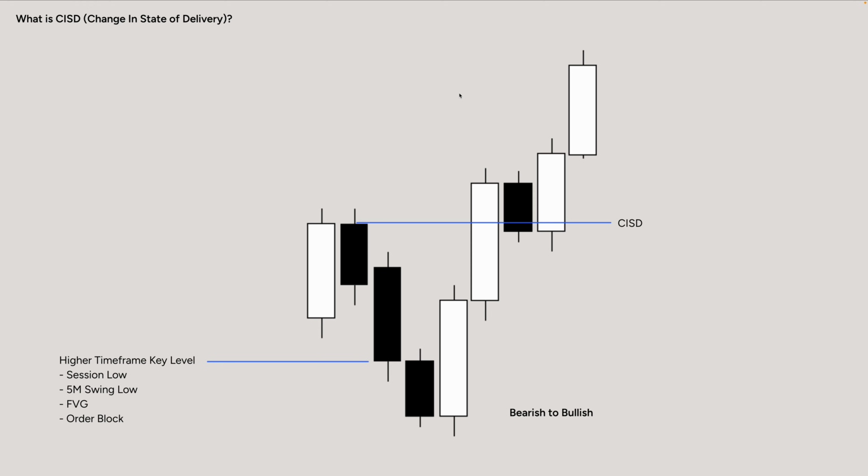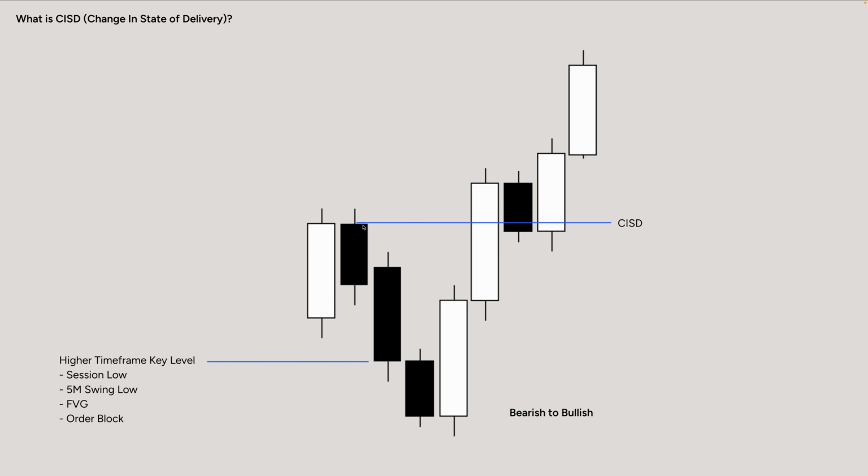Here's an example the other way around. In this case, we have our key level here. We see a push down, a leg down that pushes into the key level. And in this case, it's 3 consecutive bearish candles. So this is great. Remember what I said: we always go back to the first candle, the candle that initiates the leg down that pushes into the key level.